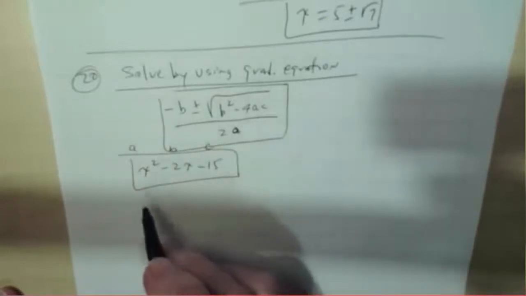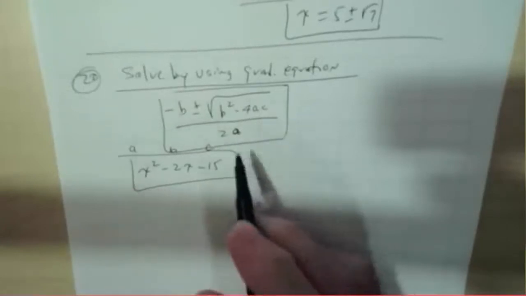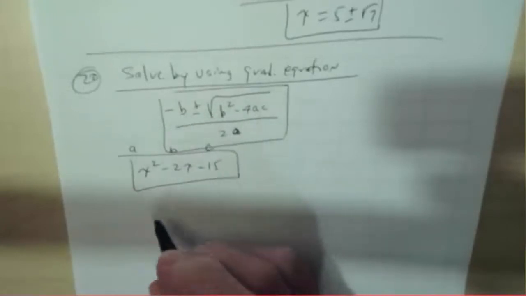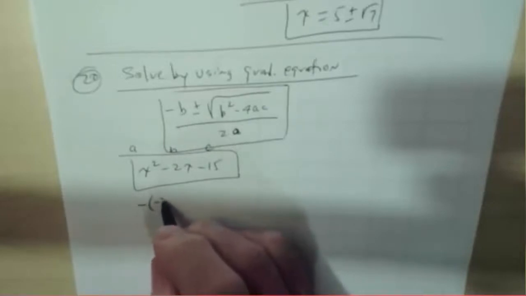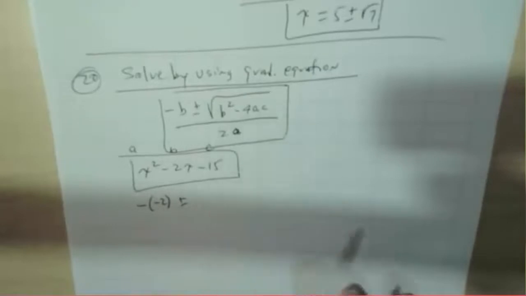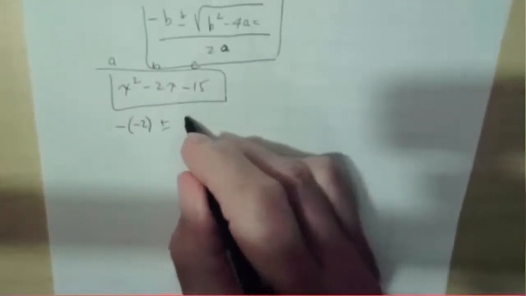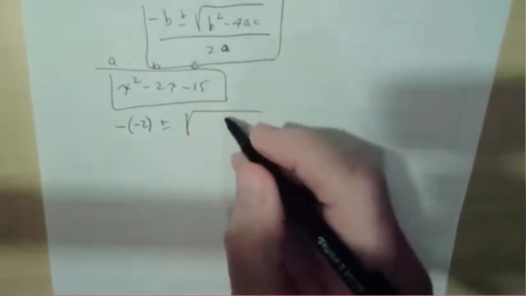So we have negative b, so negative 2 plus or minus the square root of, again, b squared.